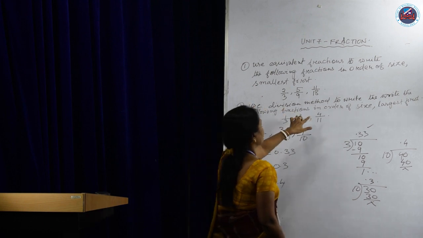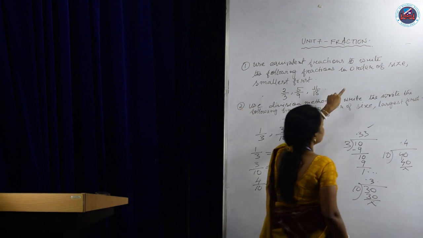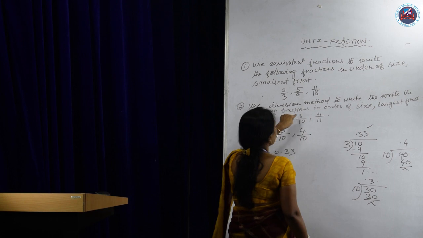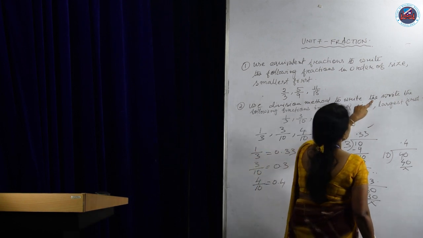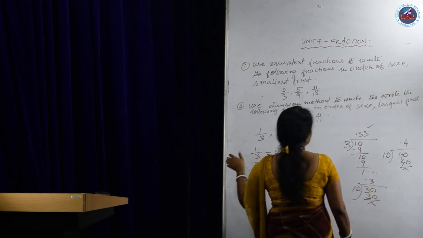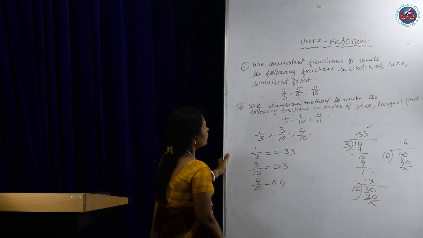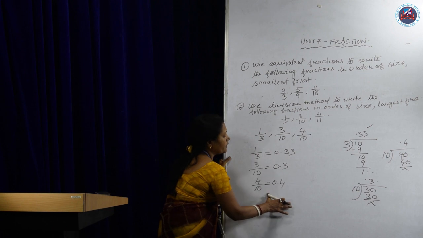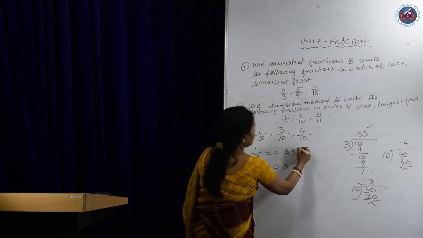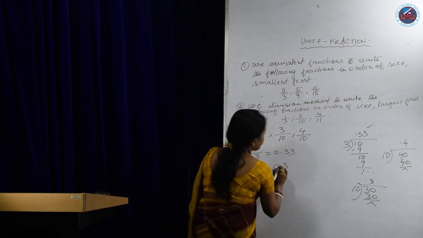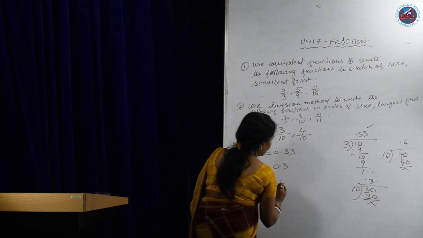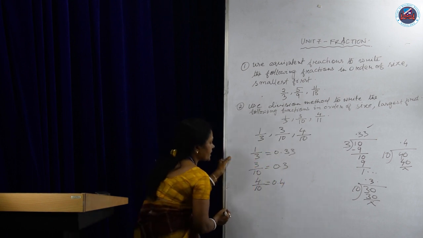Now look at your question. Use the division method to write the following fractions in order of size, that is, largest first. So if it is largest first, you have to compare which is the largest decimal here. The first decimal is 0.33, next is 0.3 and next is 0.4. So which is the largest decimal?